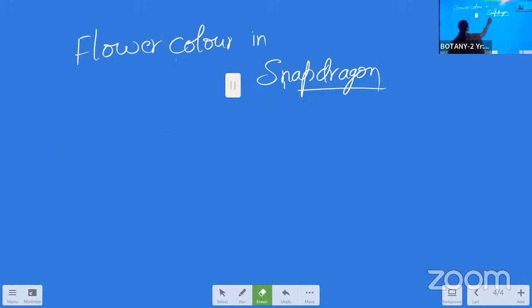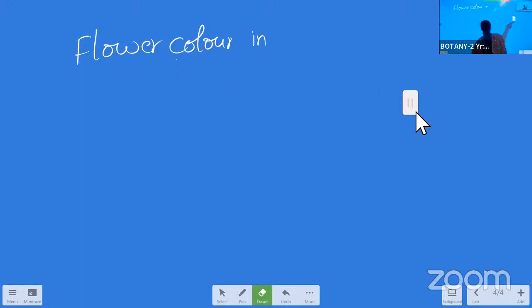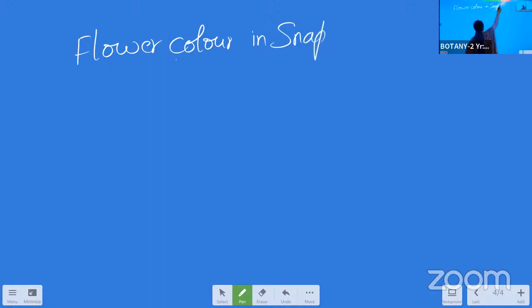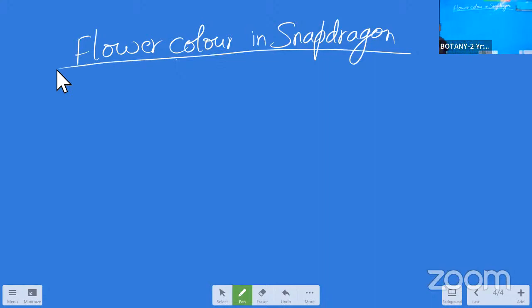So how to write this part? Flower color in snapdragon. The dominant color of the flower is the red color and the recessive color is the white color. Once in the heterozygous condition, the plants exhibit the intermediate color, the pink color.